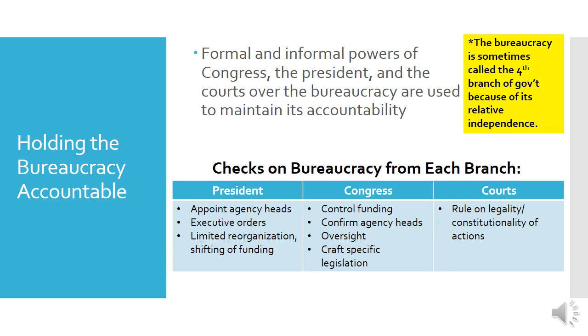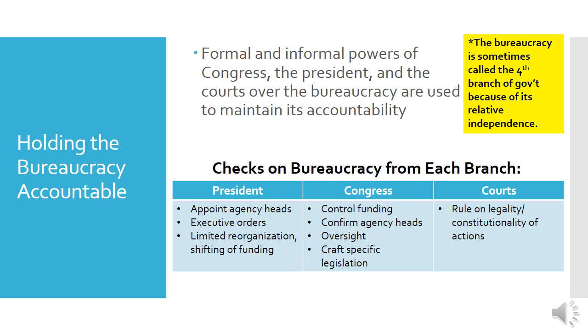One thing I want to point out is that the bureaucracy, even though it is part of the executive branch, is sometimes called the fourth branch of government because it has a lot of power and it has a lot of independence, largely due to the fact that most of the people following the Pendleton Civil Service Act are independently appointed, hired, and fired. So there are a number of formal and informal powers of all three branches to exercise control over the bureaucracy. So I have listed some of them in a convenient table at the bottom here.